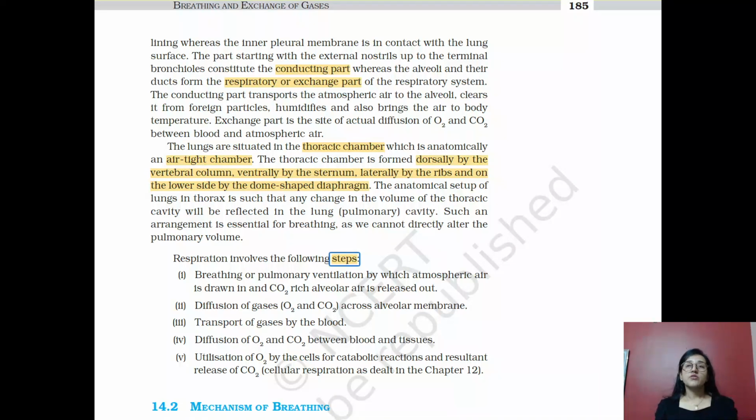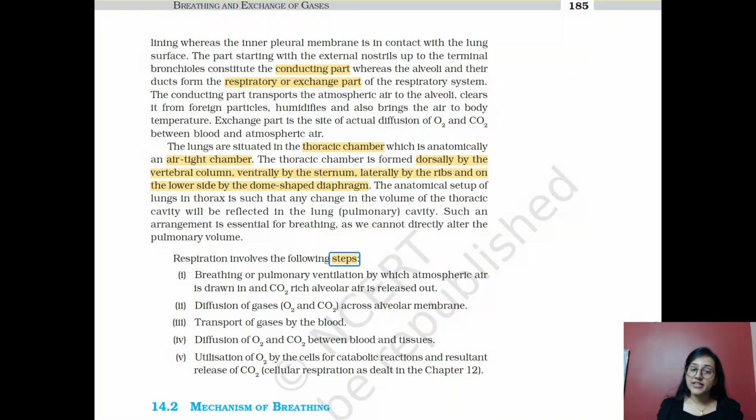So, we know the lung is within the thoracic cavity. So, there is thoracic lining and there is lung surface. In between them, we get the pleura, and we know the pleura has two layers. So, obviously, the inner layer is in contact with the lungs, the organ that it's protecting, and the outer pleural membrane is in contact with the thoracic lining, the space where the lung resides.